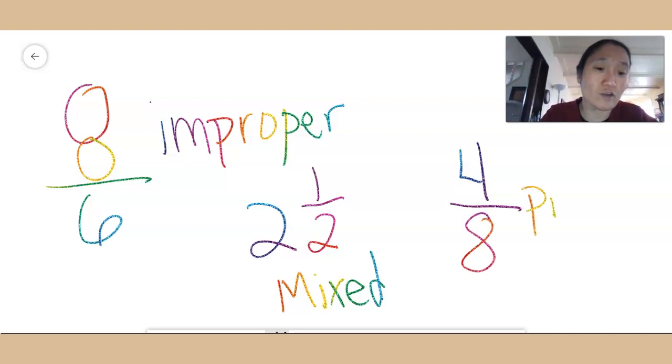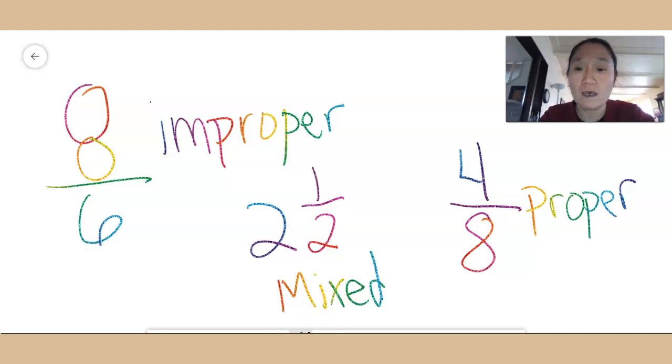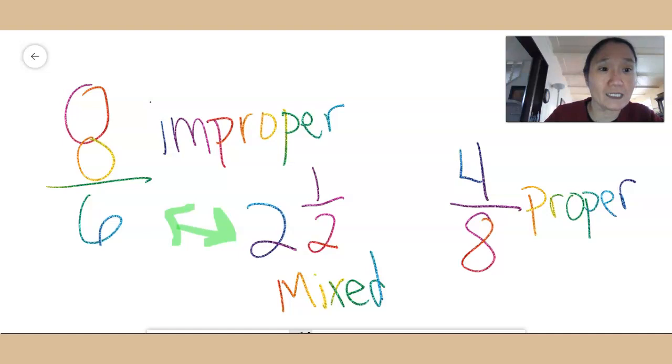So we have improper, mixed, and proper. And you can move back and forth between these two types. The mixed and the improper are the same kind of fraction. They are just shown a little bit different mathematically. So let's go ahead and get started with learning how to move back and forth between improper and mixed.